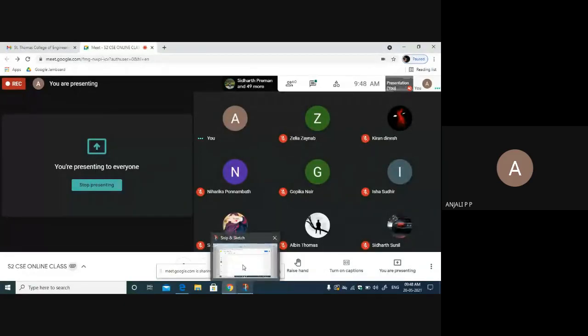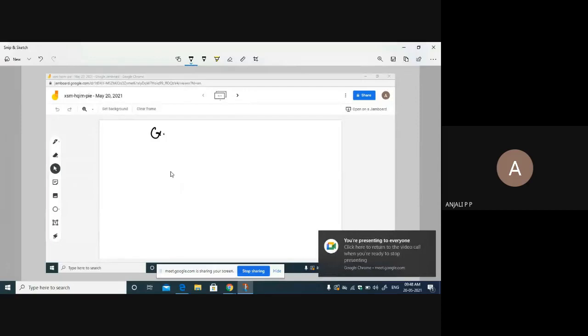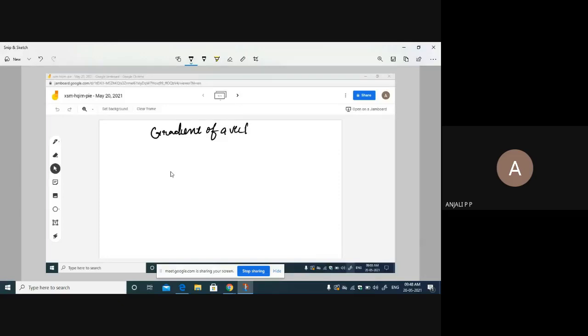So our next topic is gradient of a vector field. First of all, we have to study what a vector field is. Vector field means, suppose this is a plane, and you will have many points in this plane.